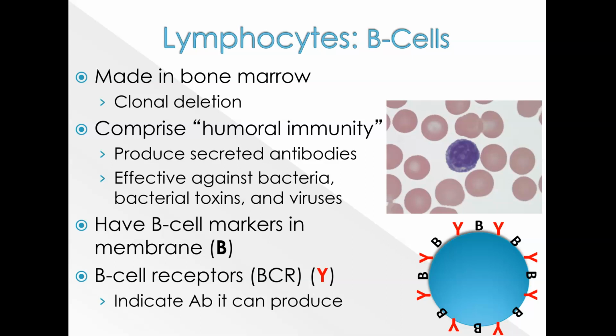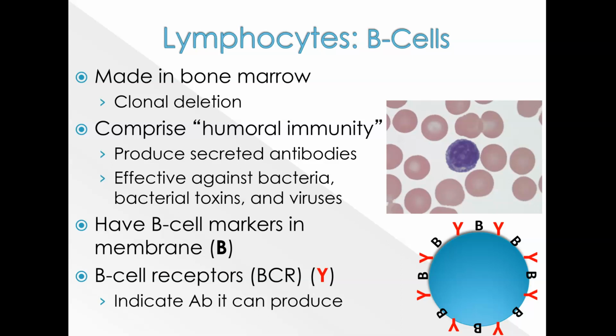So they have markers on their membrane. There's all kinds of markers on the outside of the cell, and let me pause here for a moment and talk about how we talk about these markers, because it's a very confusing topic in immunology.